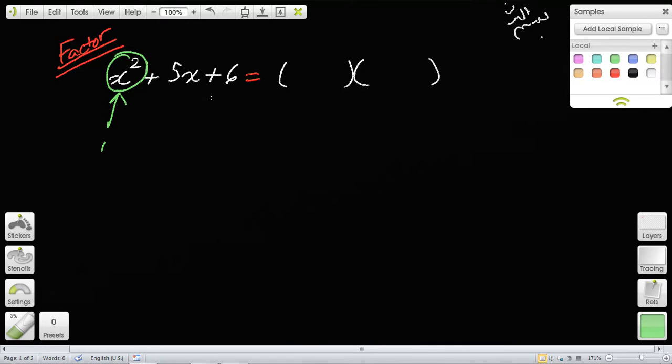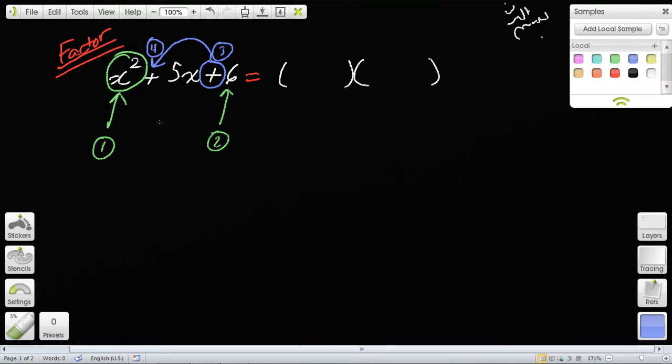And then the second part is you look at this term. That's the second thing you do, all right? And then the third part is that you look at this sign. And the fourth part is you look at this sign. So this is the third thing you do, and that's the fourth thing that you do.